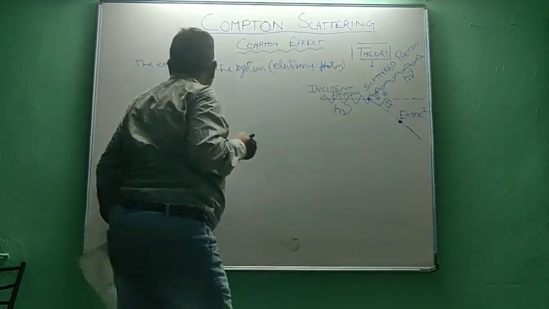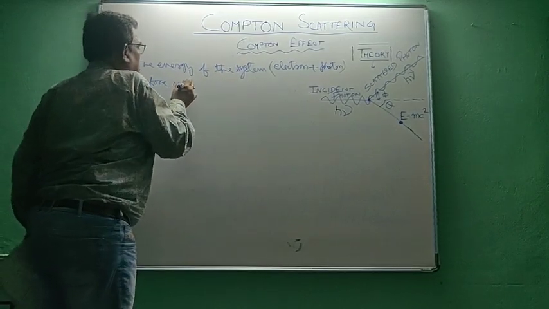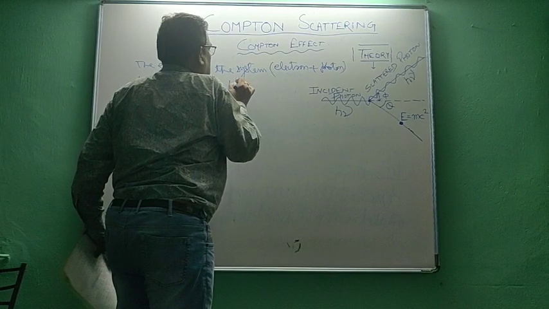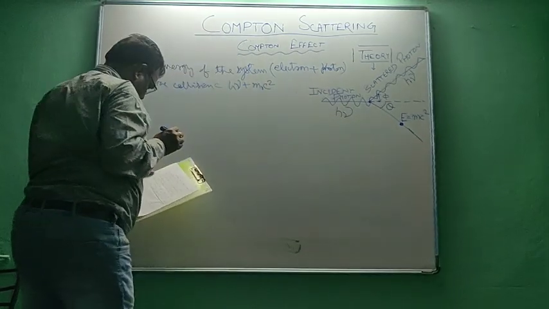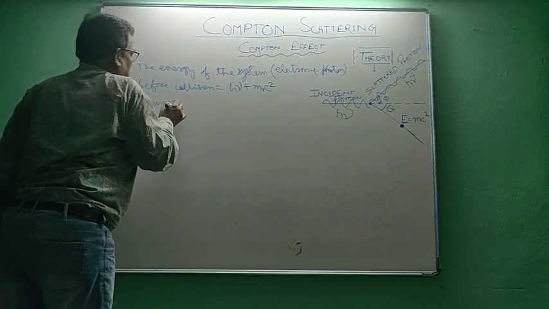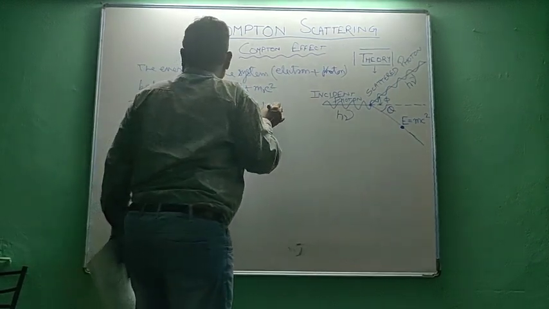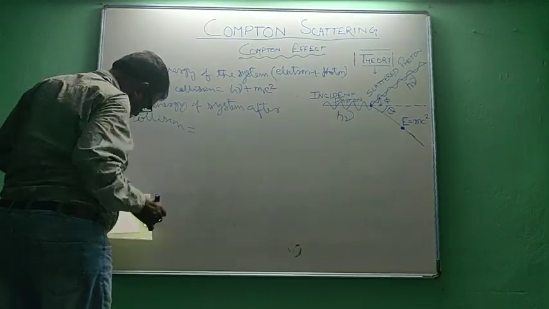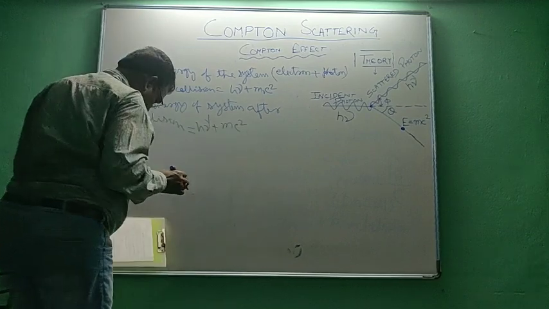The energy of the system before collision is equal to h nu plus m naught c square, and the energy of the system after collision is h nu dash plus mc square.